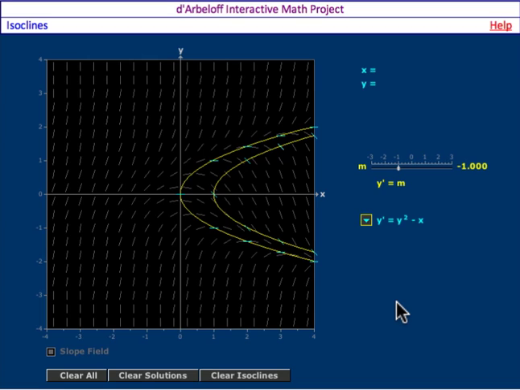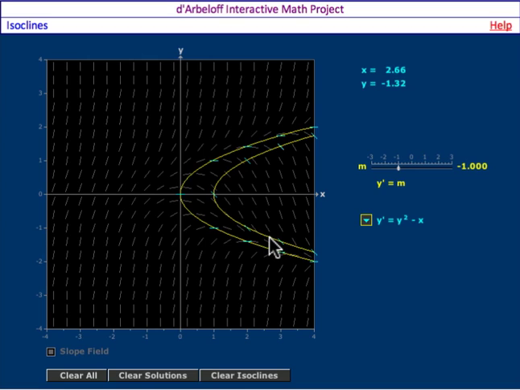Now, suppose that a solution finds itself below the m equals -1 isocline, so it's in here somewhere. Once it's below it, can it ever cross it? Well, if it crosses the m equals -1 isocline, it must cross it with a slope which is bigger than the slope of that yellow curve.